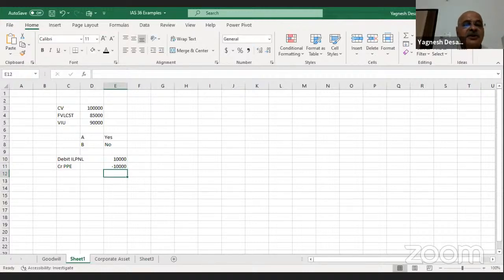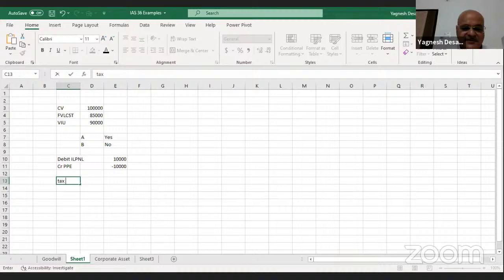Fine. Okay, impairment loss account debit. Now what have I missed out here? I have missed out one thing deliberately. Tell me, which thing is it? Presuming the tax rate at 20%.